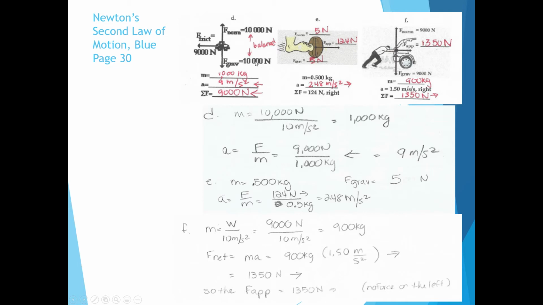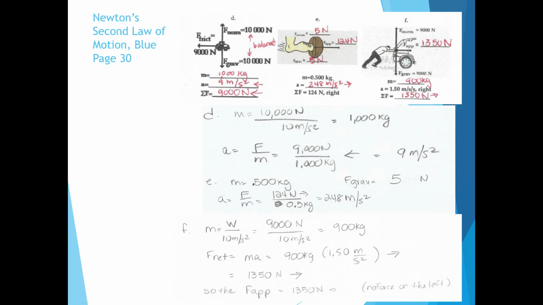From that, we can find the mass, and we do that by taking the force of gravity, dividing by 10, and we get 1,000 kilograms. Then we're left with solving for the acceleration using F equals ma. We rearrange this equation. We have 9,000 newtons divided by 1,000 kilograms, and we end up with 9 meters per second squared. And it's also to the left because our net force is to the left.